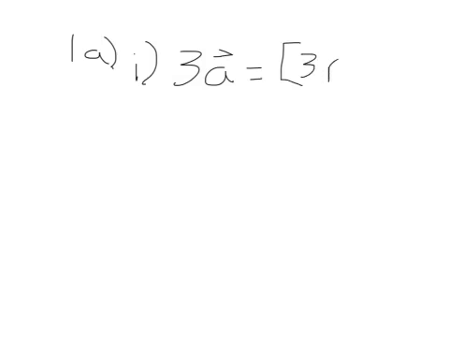It says if A has a magnitude of r in a direction of theta, find 3 times vector A. That is going to be equal to 3 times r, comma theta. Now complete 1a parts 2, 3, and 4.